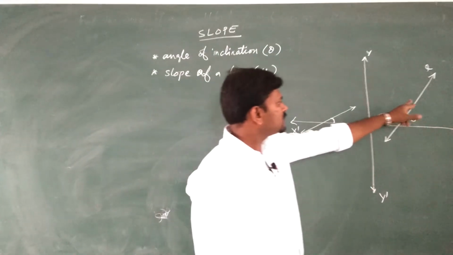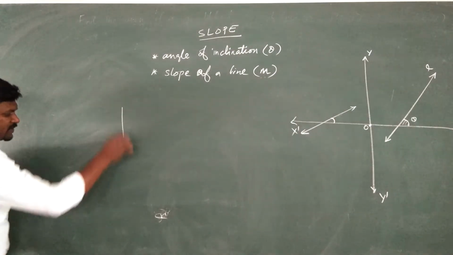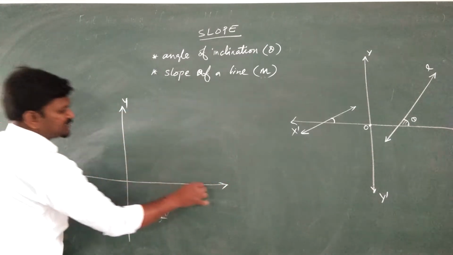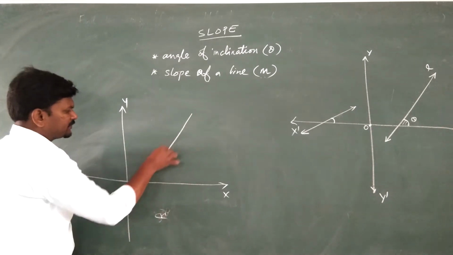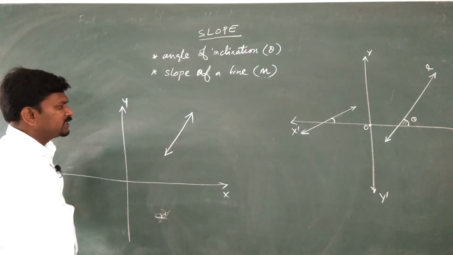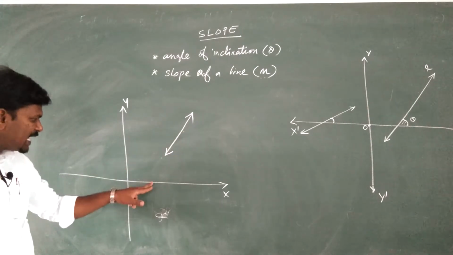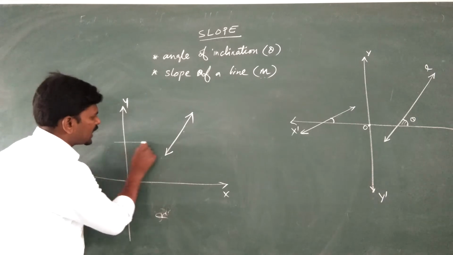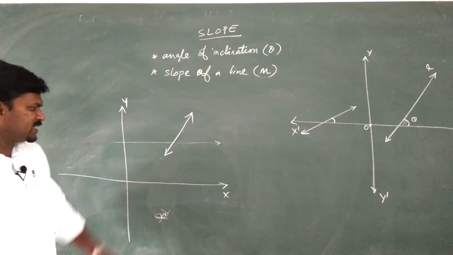To find the slope of this particular line, see here, y axis, x axis, there is a line. This line is not intersecting the x axis, but we can draw a line parallel to the x axis.